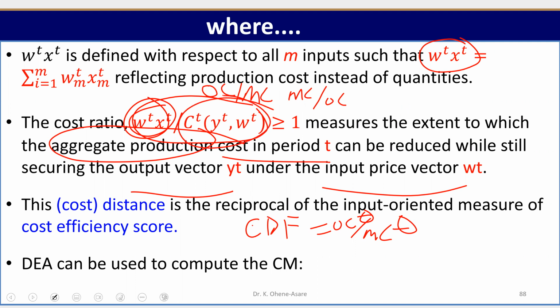If I tell you that I want you to look at how far A is from B, then we are looking at a distance, isn't it? That is why it's a distance. So we can use distance functions or linear programming to estimate these distances.